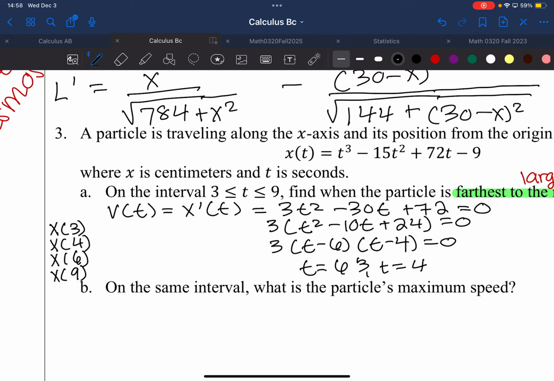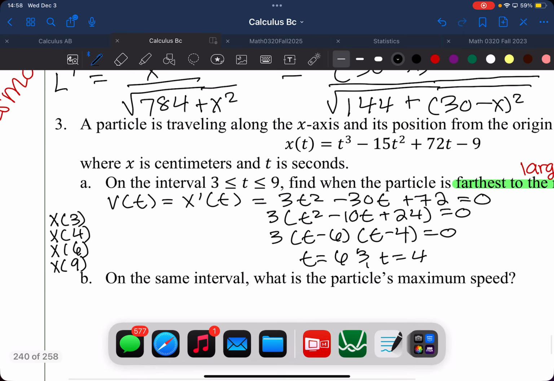And since we have Desmos here, I think the easiest way to do this is to type in your position function into Desmos, and then on the next line, plug in that value. And in order to do that, you're going to need to use f instead of x. So it needs to be f of t, or it won't work.